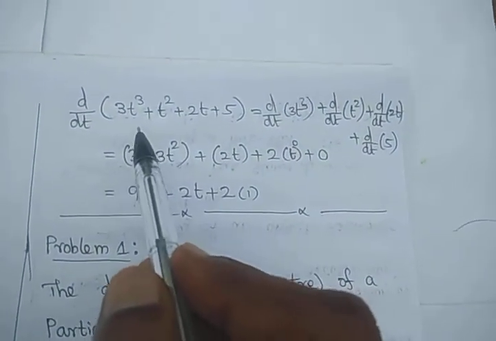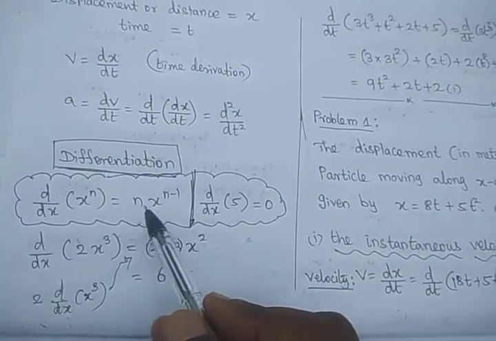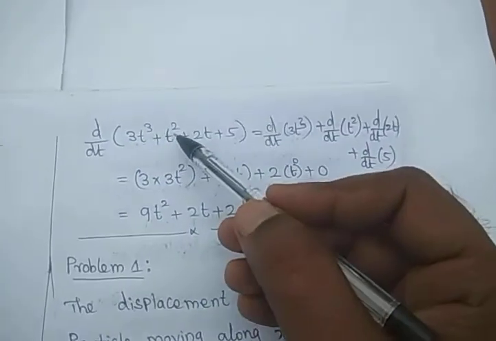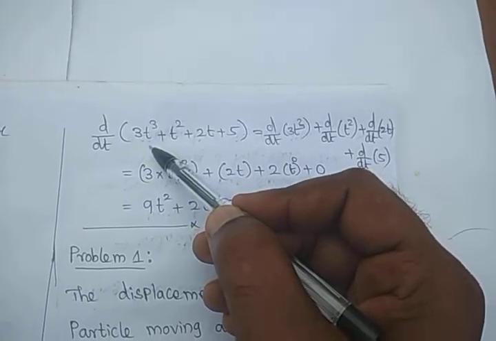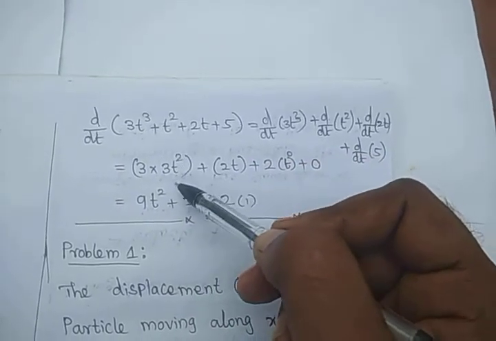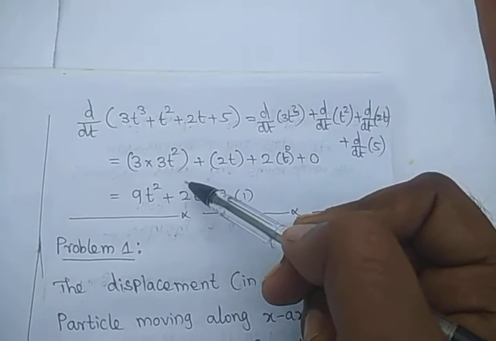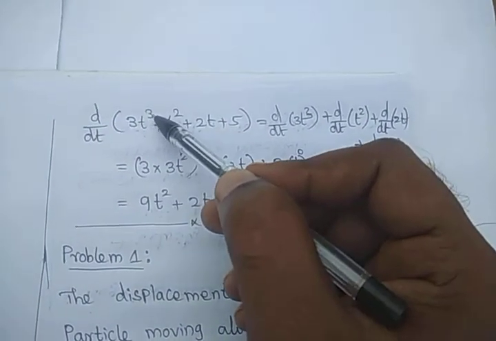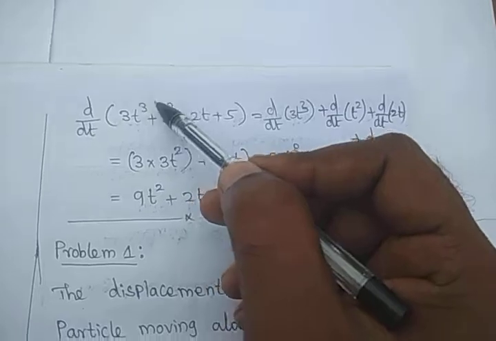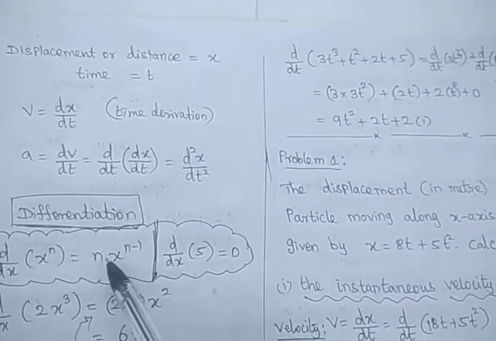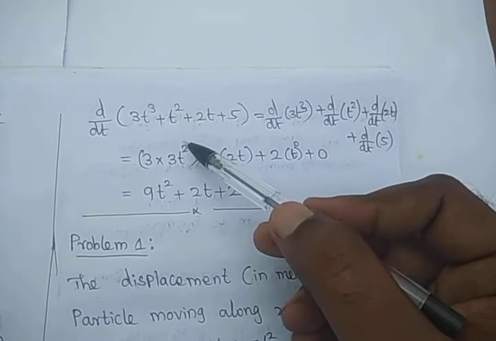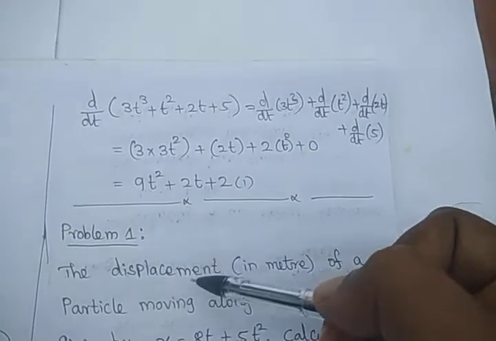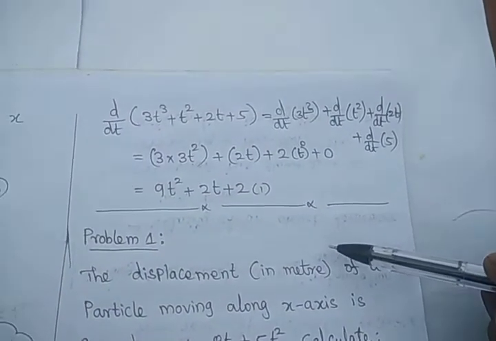Merely apply x power n equals n into x power n minus 1. Here t cube means t power 3 minus 1, 3 minus 1 is 2. Just reduce 1 from the powers and bring the power in the multiplication terms. It is very clear for you.